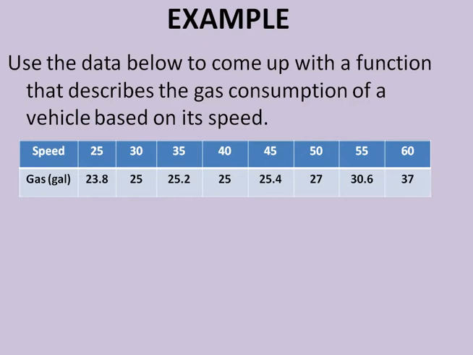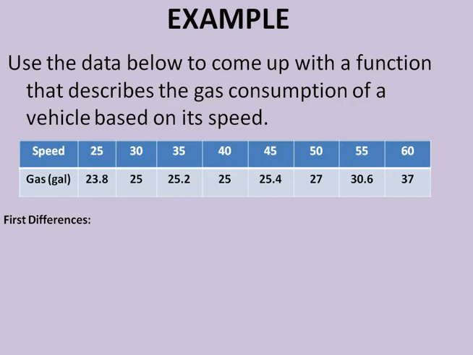So we want to find what would fit this situation best, what level polynomial, what degree. So we're going to look at our first differences. Again, we have a steady incremental change of 5 in our x-coordinates, the speed. So we'll look at our gas as the y-coordinate, and we'll look at the differences between that.